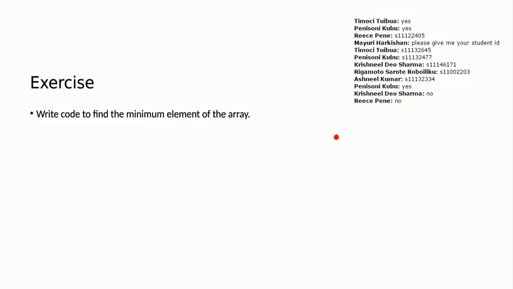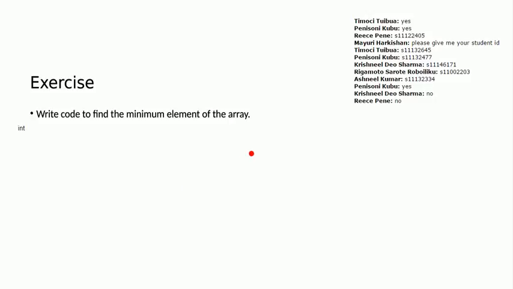Let's see what's next. Write code to find the minimum element. That's kind of opposite to what we have just done, right? We have just done the maximum one. Let's try minimum. This time we'll make an array. Let's say int, this time an array of integers.